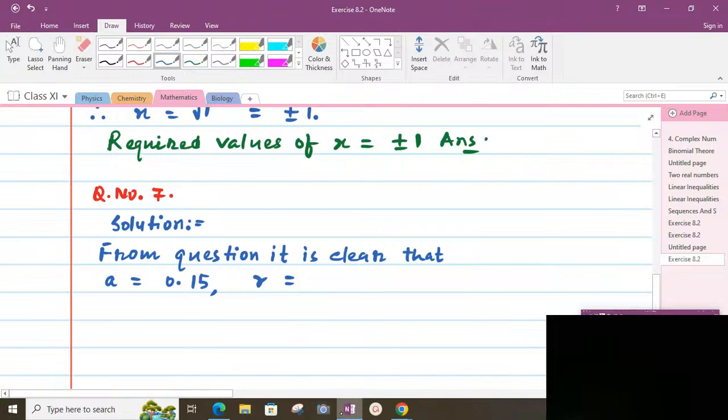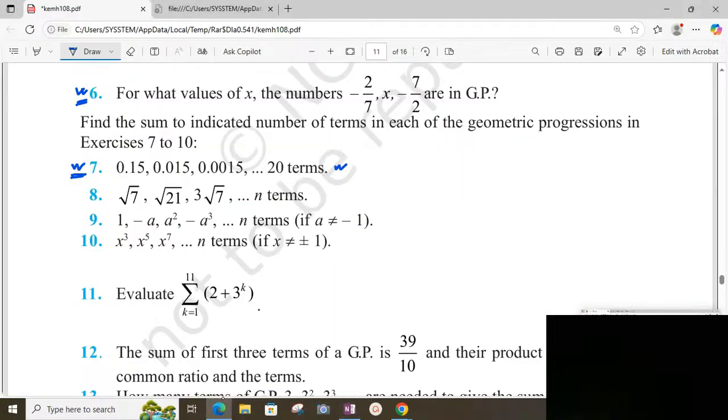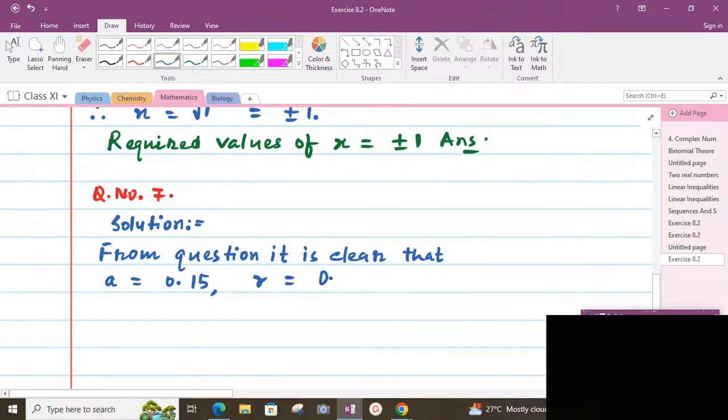So the second term is here 0.015 by the first term 0.15, then we get here 0.1. This one will be the common ratio.